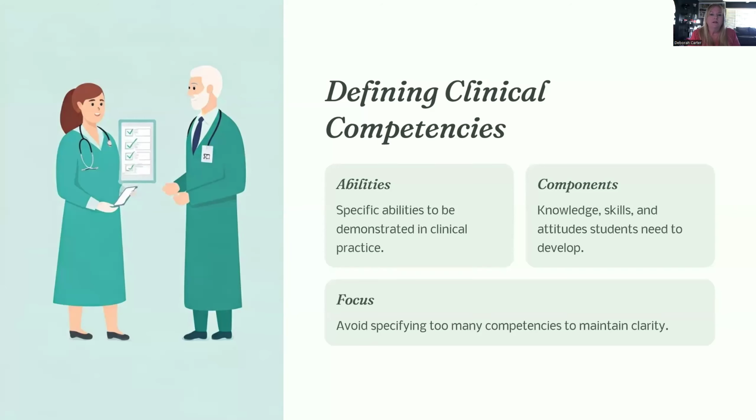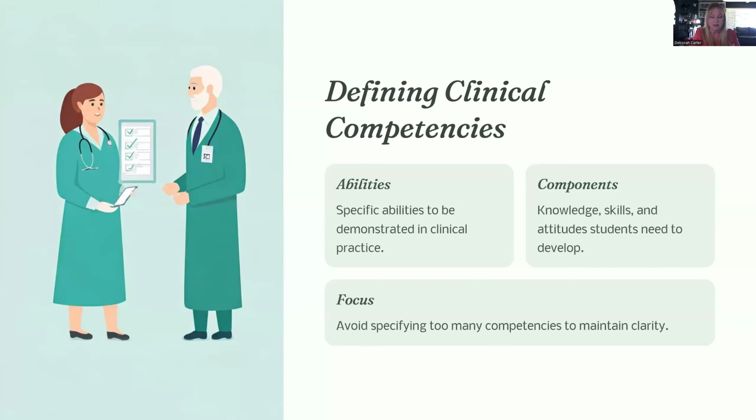Defining clinical competencies: make sure you use all three domains. All three domains should be within the evaluation of your clinical competencies. Psychomotor: are they able to do the task? Affective: are they able to stay ethical? Were they safe?